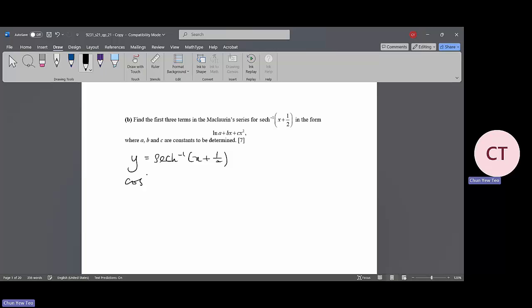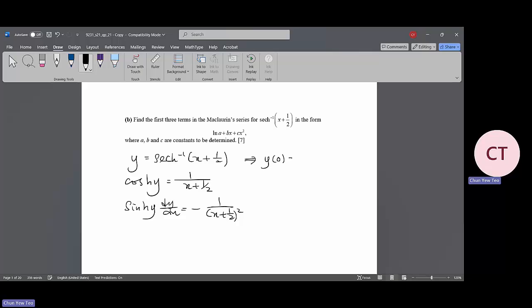So we have cos y is equal to 1 over (x plus half). Then we have sin y dy/dx is equal to the negative 1 over (x plus half) squared. Okay, so we just copy the result from part A first. Then we just replace x with 0 inside.